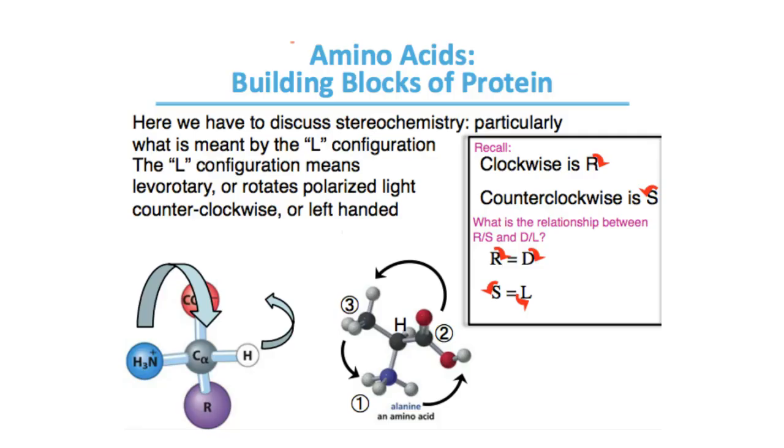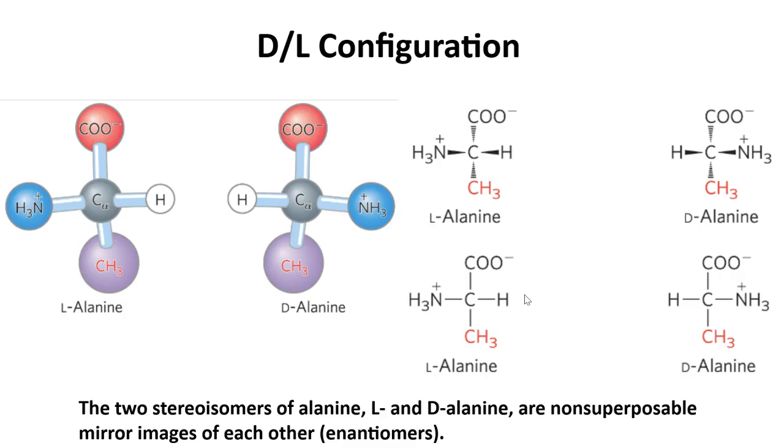With amino acids, L is considered counterclockwise, and D is clockwise. So when we're dealing with amino acids, we're looking at D and L. And with the D and L configuration of amino acids, we have an example of an amino acid, alanine.